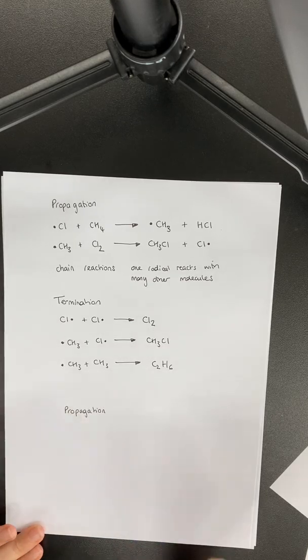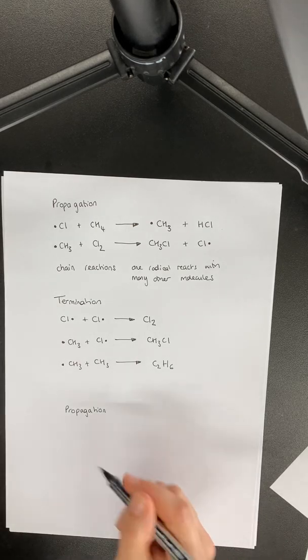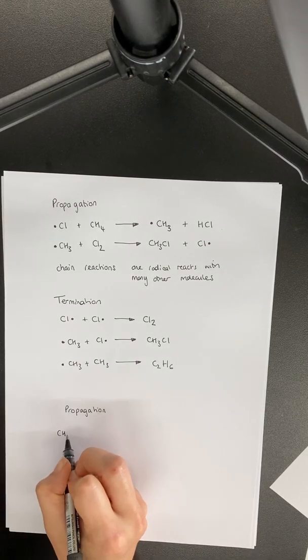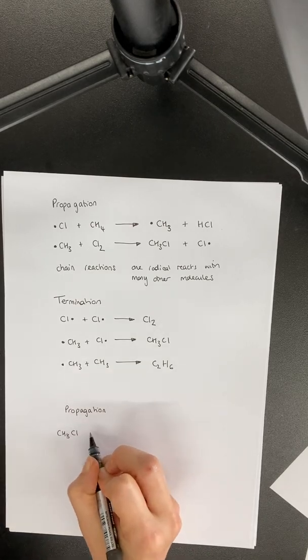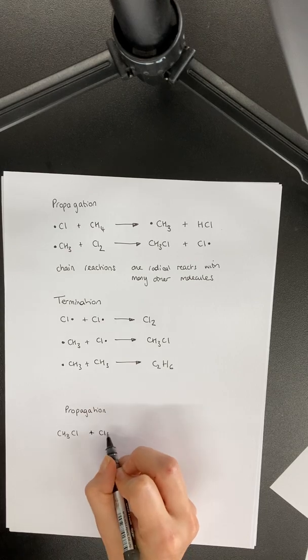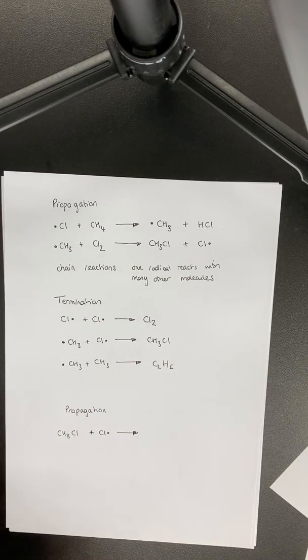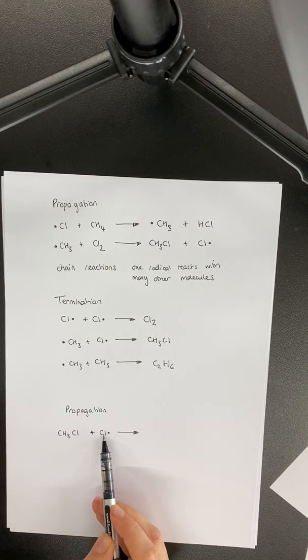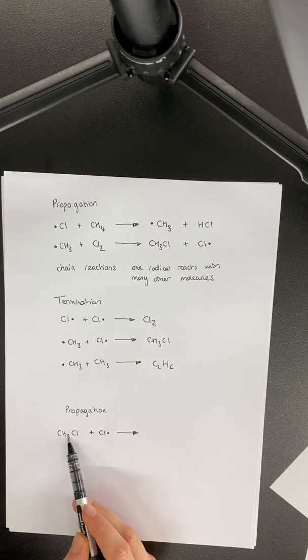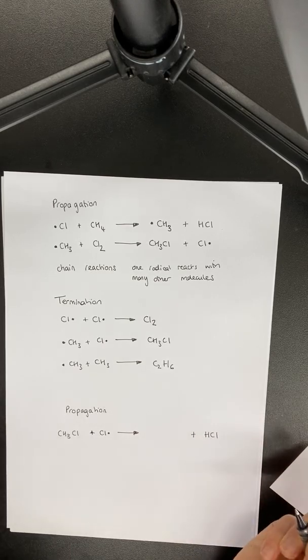So the other propagation steps, which will result in different products, will be when the chloromethane reacts with a chlorine radical. So what you need to see here is that this chlorine is going to react with one of the hydrogens, okay, and you're going to form hydrochloric acid again.